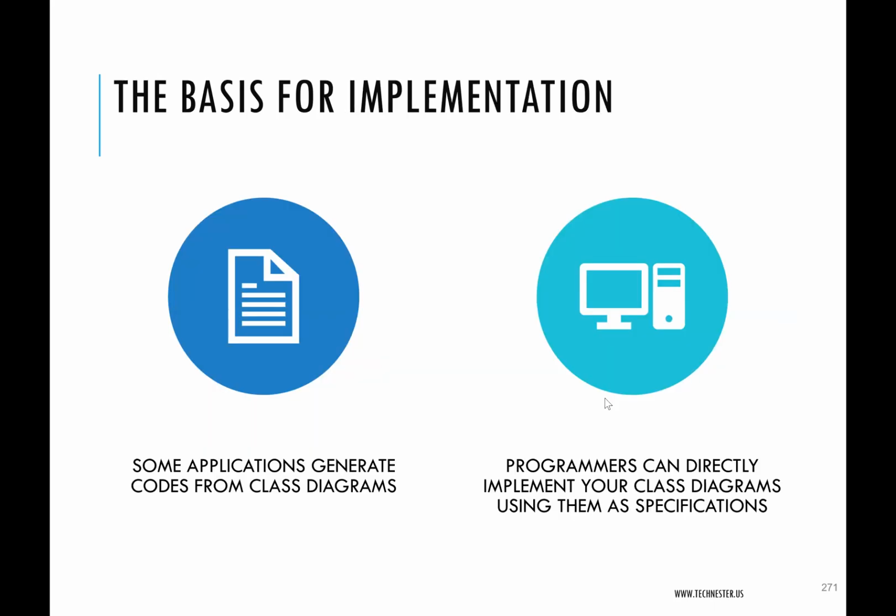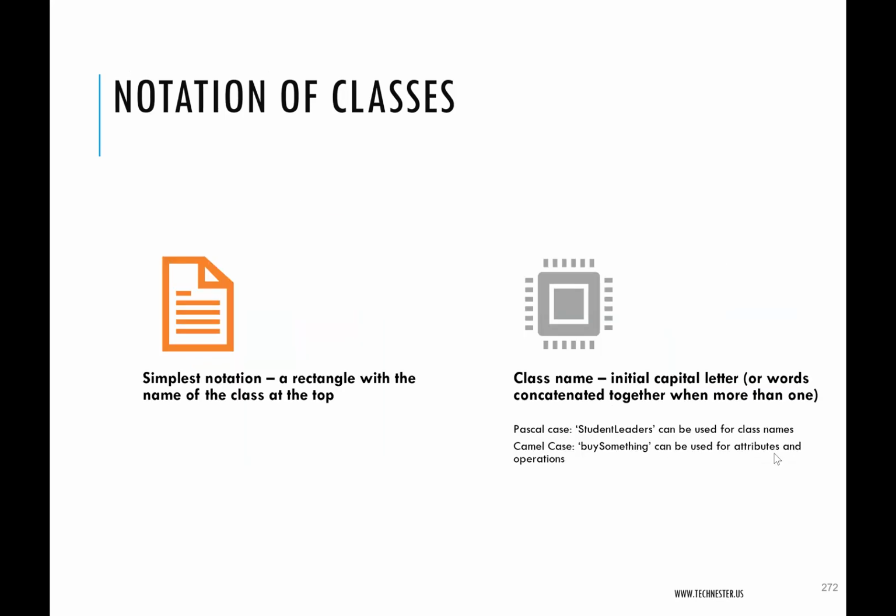I've talked about this already. Some applications, integrated development environments, or IDEs for short, can generate code from your class diagram. And I've mentioned that programmers can implement your class diagrams.